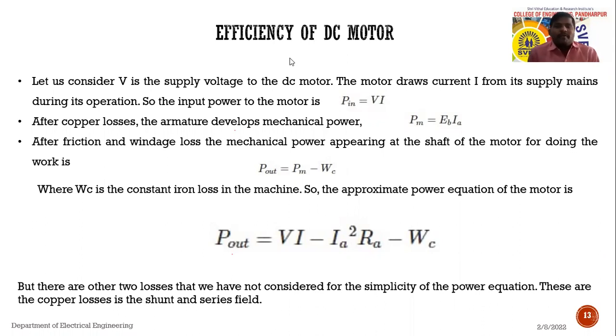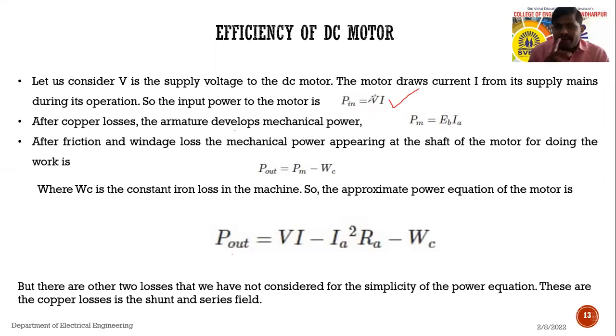So the input power of the motor, formula for power is supply voltage V into current taken from the supply, that is I. It is input power, that is P in equals V into I. That is input power of the motor, it is V into I.